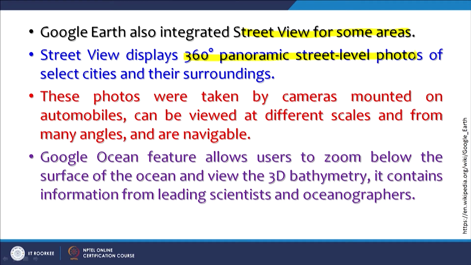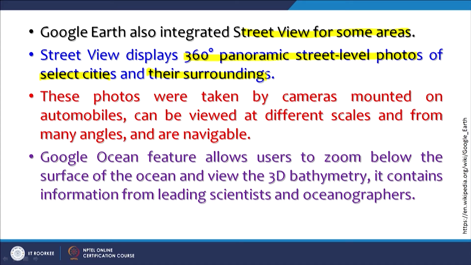These photographs are taken on the ground and then put through this display, which provides us a 360 degree view. You can move your cursor, zoom in, zoom out, and see all the surroundings on all sides. That means 360-degree panoramic street photos of select cities and their surroundings are there.